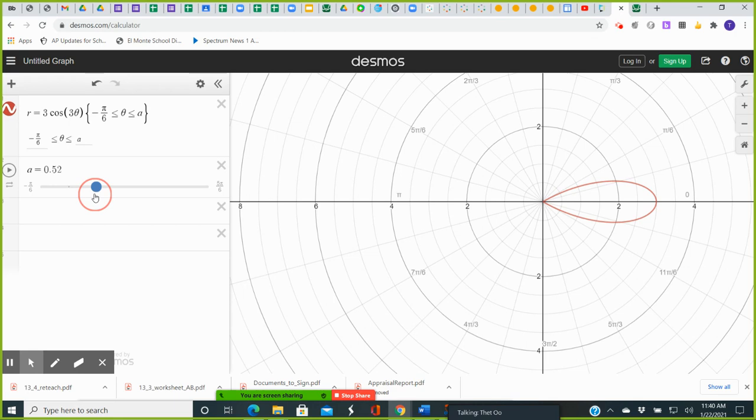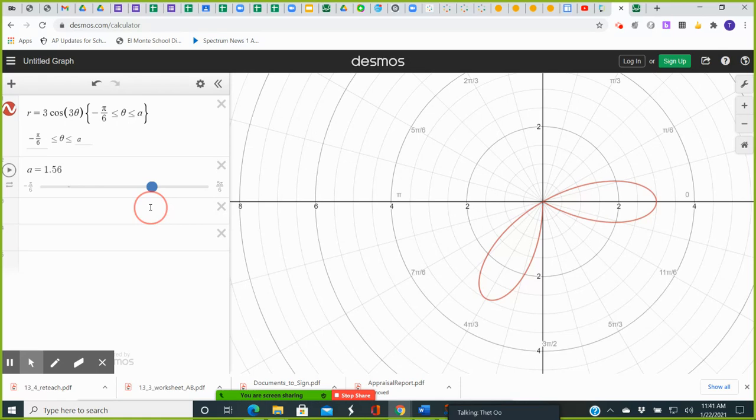And as a, which is representing theta in my polar equation, goes from pi over 6 to pi over 2, you can see that the polar curve is traced out on rays that are opposite the radial lines, because on this interval for theta, r is non-positive or negative, and I get the second petal completed when theta is equal to pi over 2.